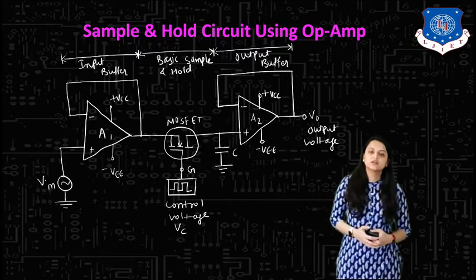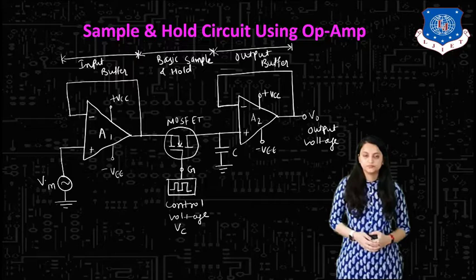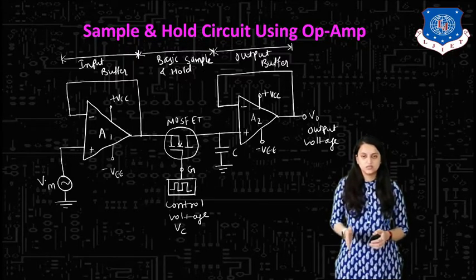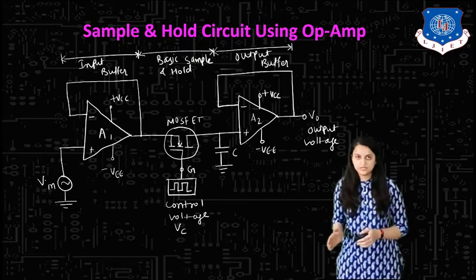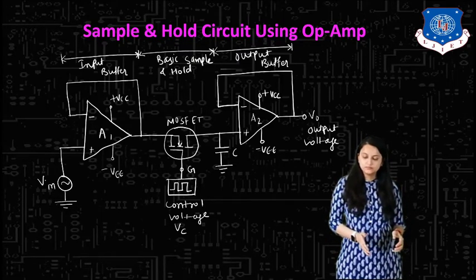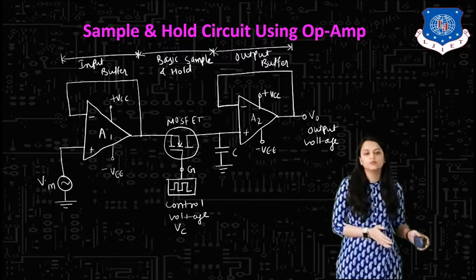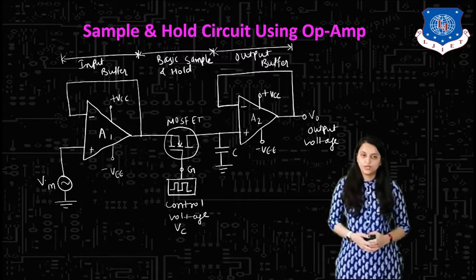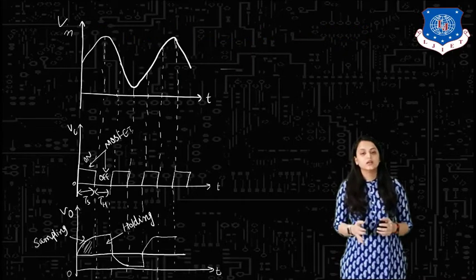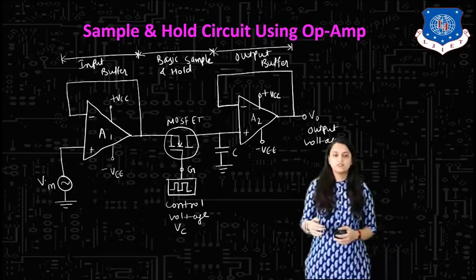Here VC is the control voltage value. So in this circuit there are three stages. The first stage is the input buffer stage, the second stage is the basic sample and hold stage, and the third stage is the output buffer stage.